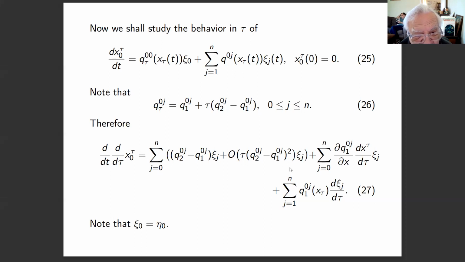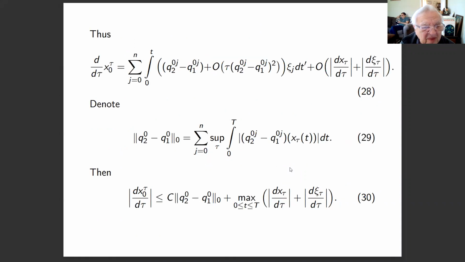Then the derivative, formula 27, the derivative in tau: the main term is Q2 0 xi minus Q1 0 xi plus other terms, and the result is that d tau x0 equals formula 28 if you integrate in t.